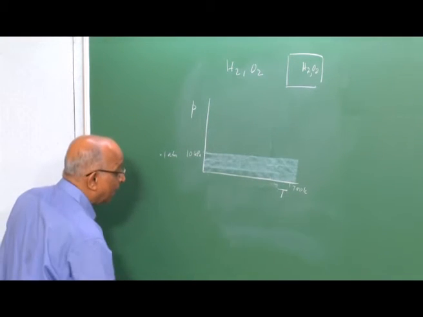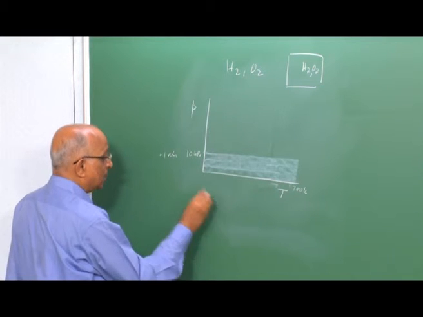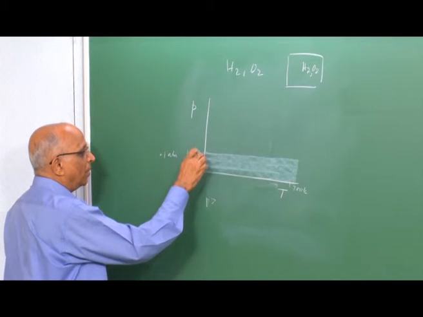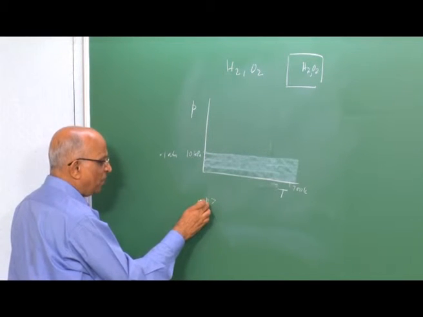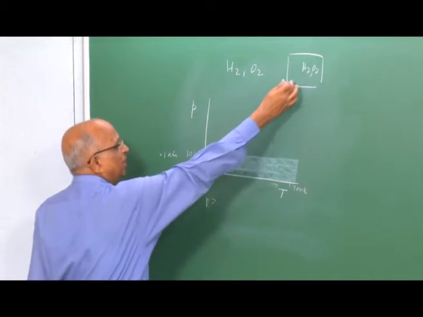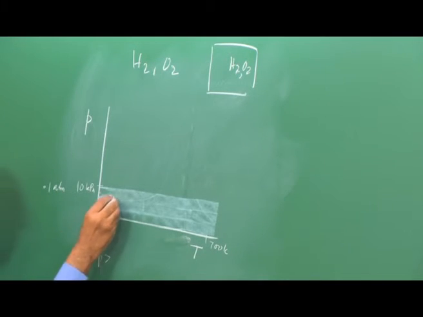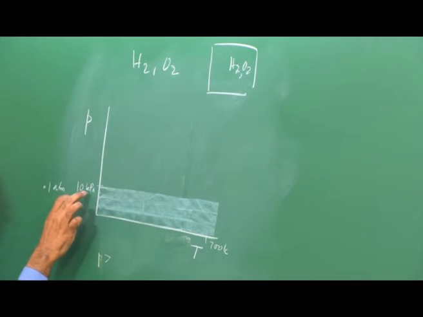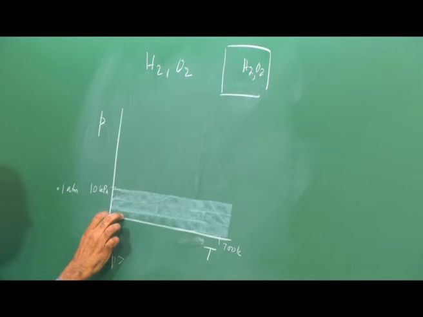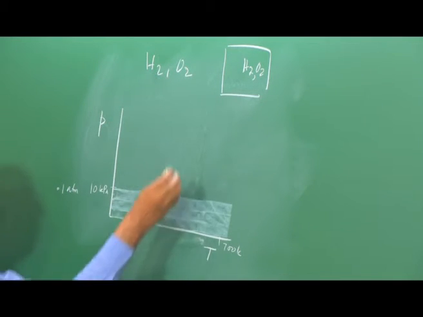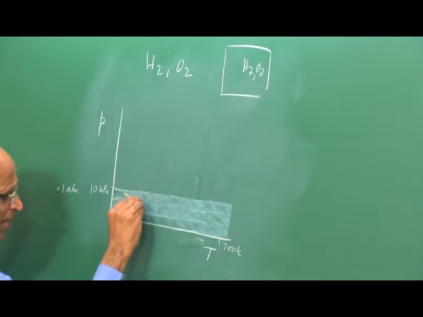Well, I know that when the pressure is large, of the order of, let us say, around 8 or 10 kPa, the collisions between the molecules H2 and O2 will be higher, and therefore we expect more chains to be created. When the pressure is lower, no chains are created, but if the temperature is higher, the molecules have higher energy, and therefore chains will be formed.